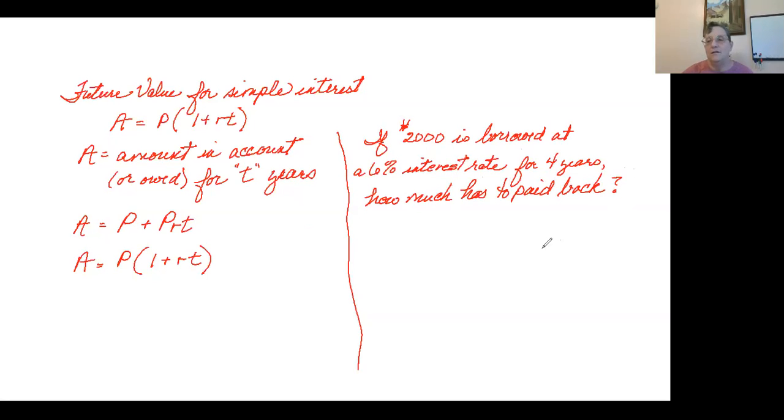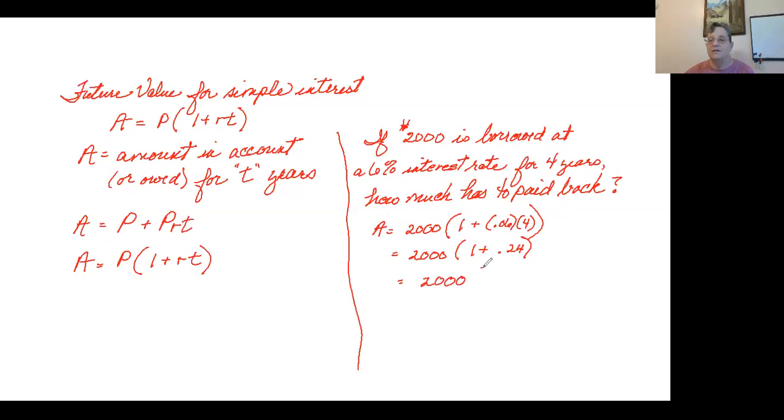So you could be on the receiving end of this interest, or you could be on the paying end of this interest. The amount is going to be 2,000 principal times 1 plus 0.06 times 4, that's going to be 2,000 times 1 plus 0.24.